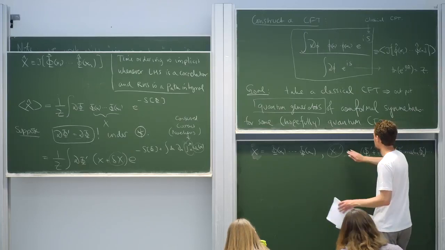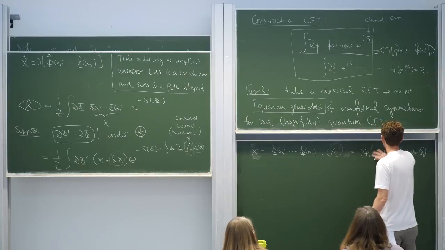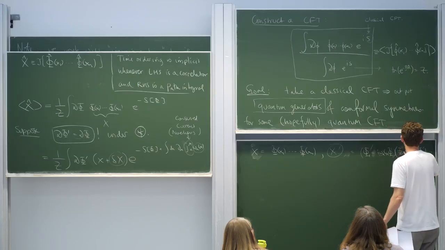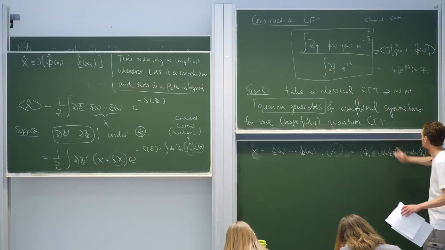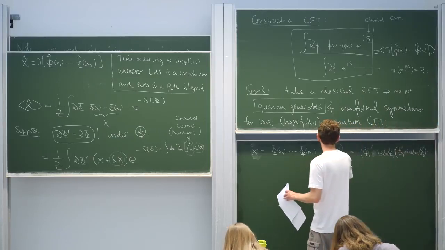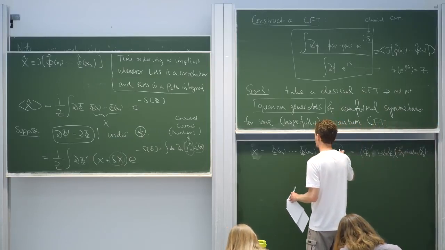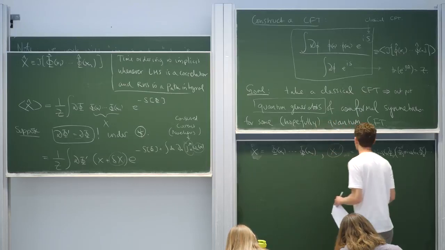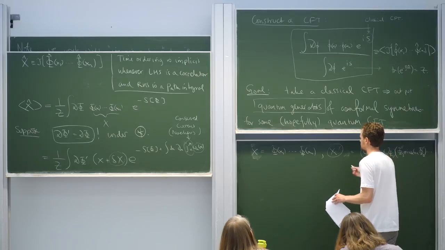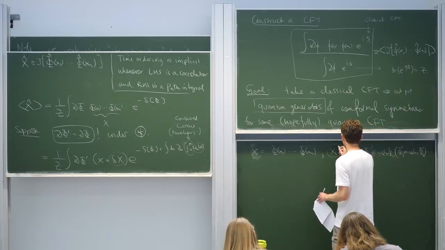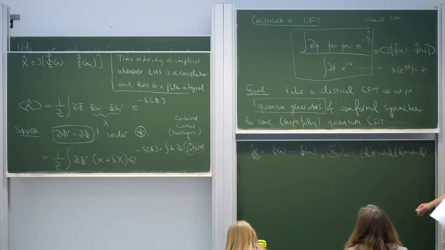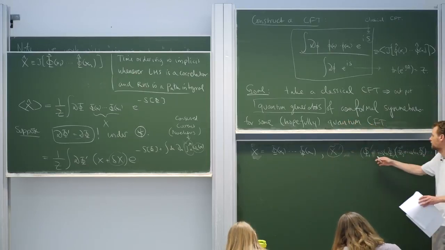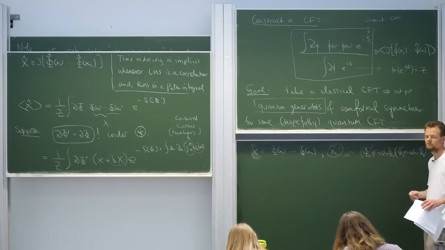Oh, sorry, I'm doing the transformation passively. So this is a minus. I don't want to use prime for transformed. Twiddle. X twiddle is what happens when we replace phi with the infinitesimally transformed phi.